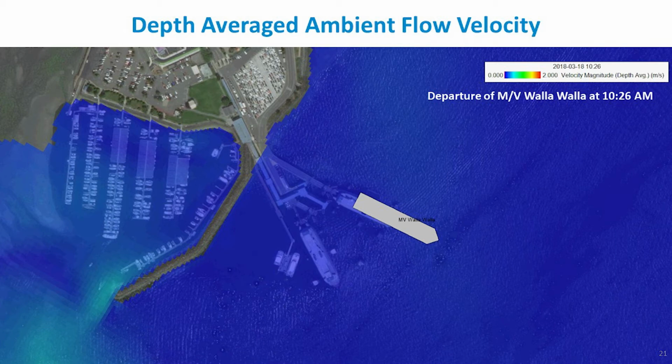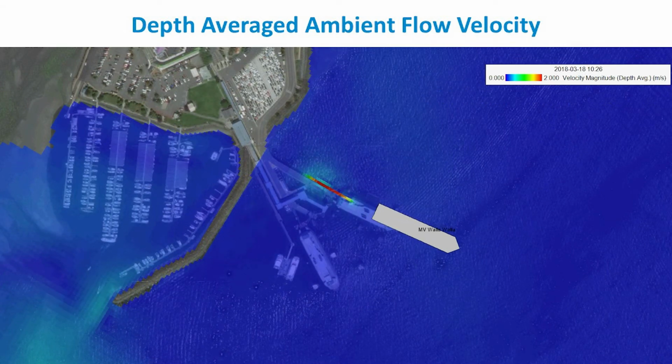And then back behind it, we will see the impact of the propeller momentum on the 3D velocity field in the EFDC hydrodynamics. So as the vessel moves away, you'll see the velocity jet back behind the ship.